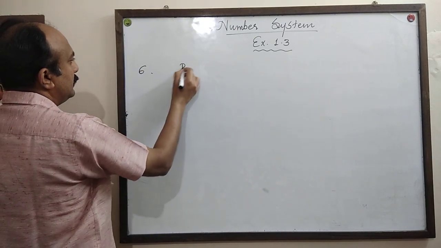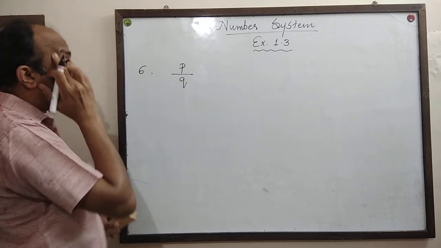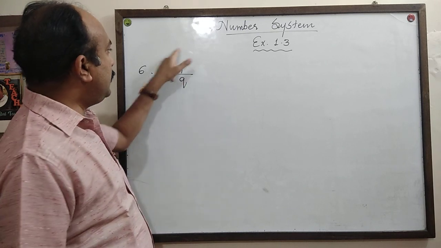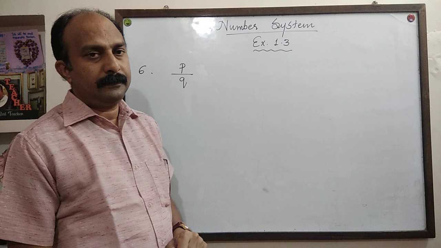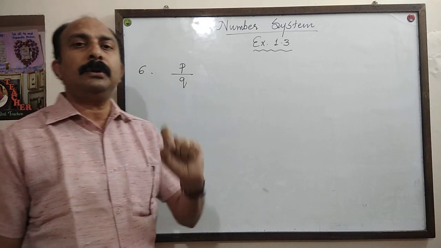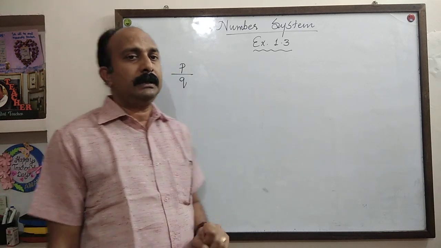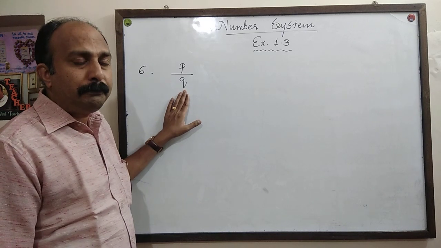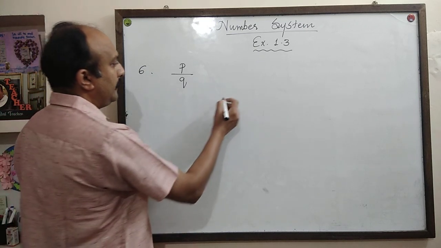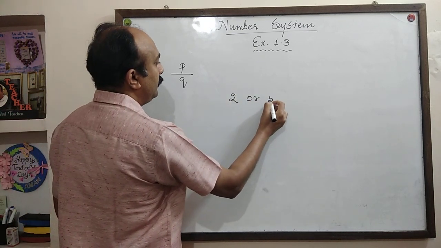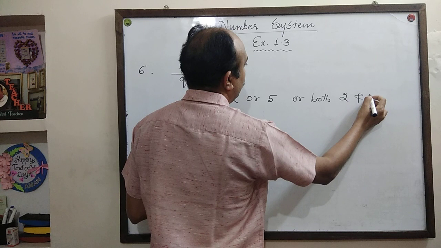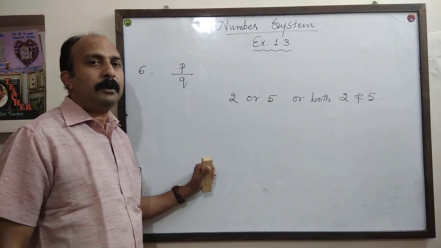Question number 6. So take an example of a rational number p upon q, where p and q have no common factor and its decimal value must be terminating. Then its denominator q has a particular property, and the property is that the prime factors of q will be always 2 or 5 or both 2 and 5. This is the property.